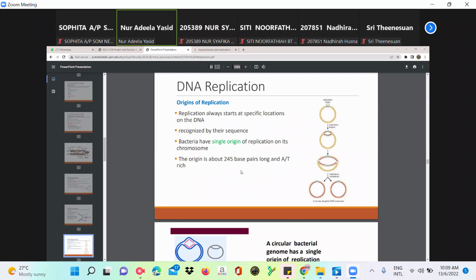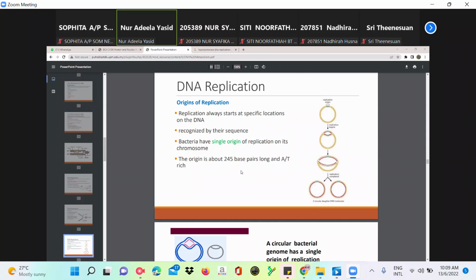We hope that it has a very strong DNA, because GC bonding is much stronger than AT, as it has three hydrogen bonds compared to AT.